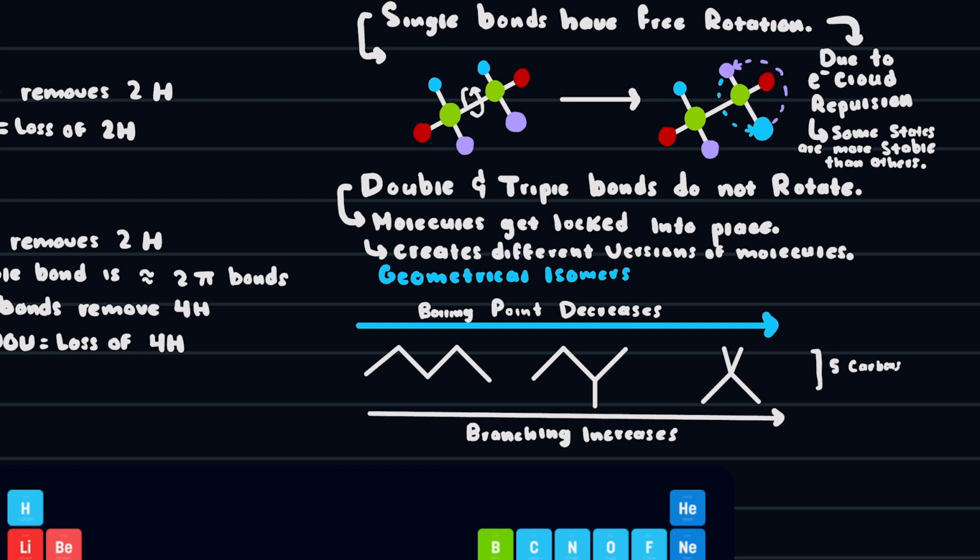Due to that decreased surface area, each molecule will have a less polarizable electron cloud, which will result in weaker dispersion forces. If we have weaker dispersion forces, then it will take less energy to break them, and as a result, each molecule will have a lower boiling point as branching increases.